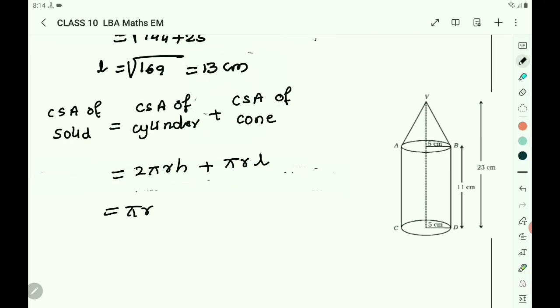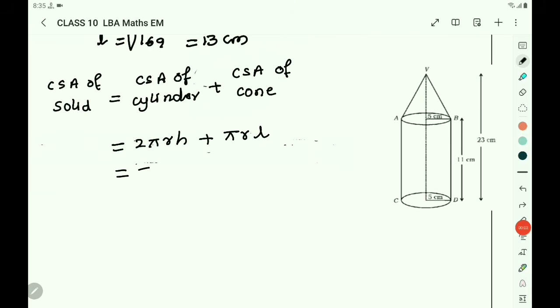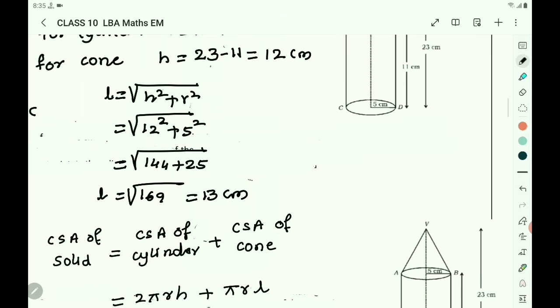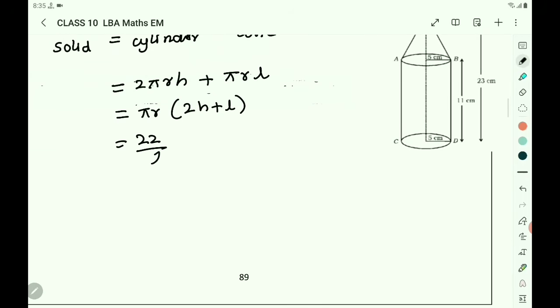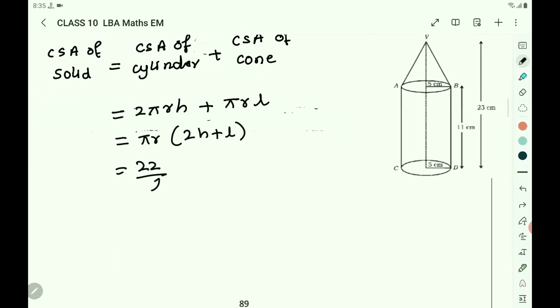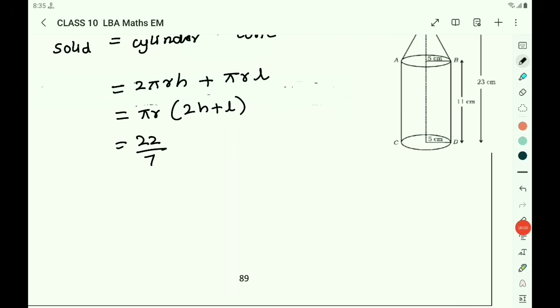Write pi r into what is remaining here, 2h plus l. Pi value is 22 by 7. r is 5 centimeter.